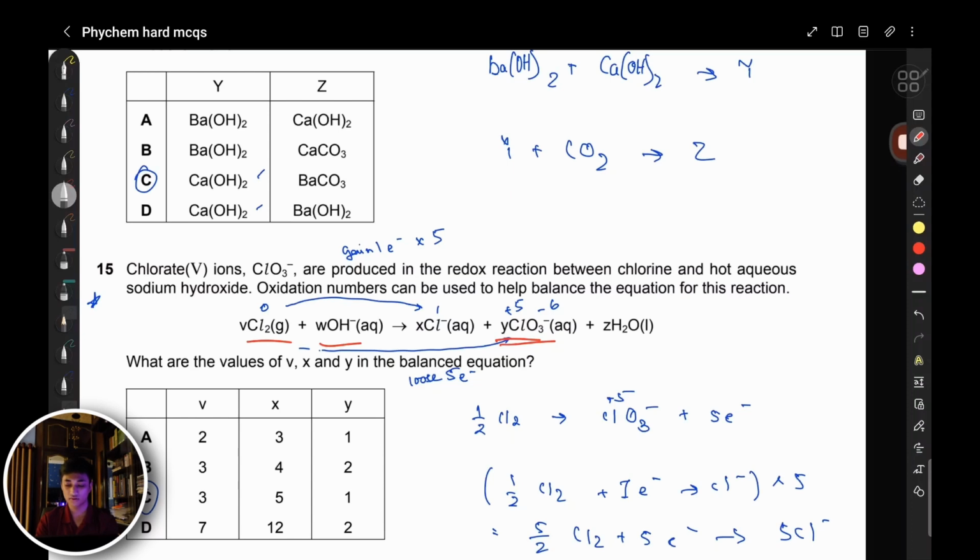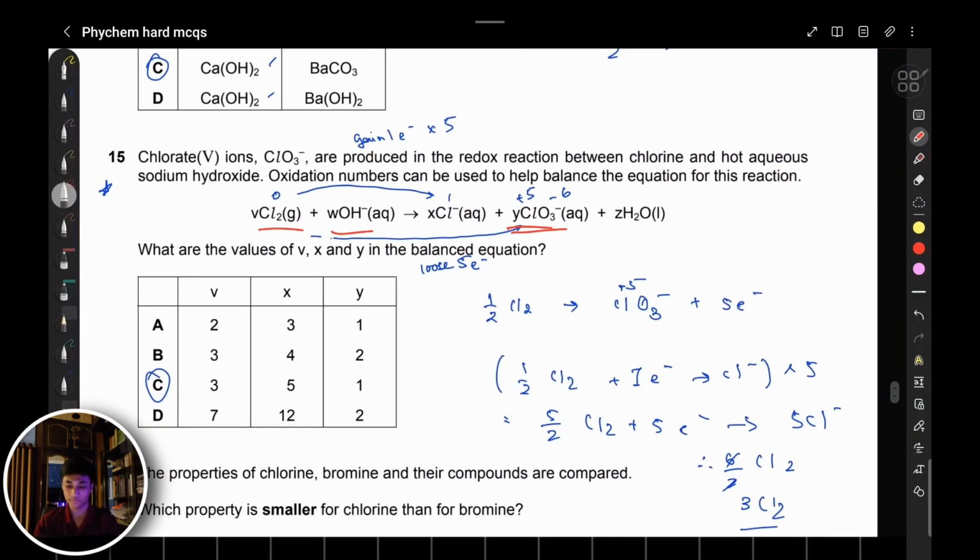Oxidation numbers can be used to help balance the equation for this reaction. It's a disproportionation reaction. So chlorine is going from a net charge of 0 to either a net charge of -1 or a positive charge of +5.